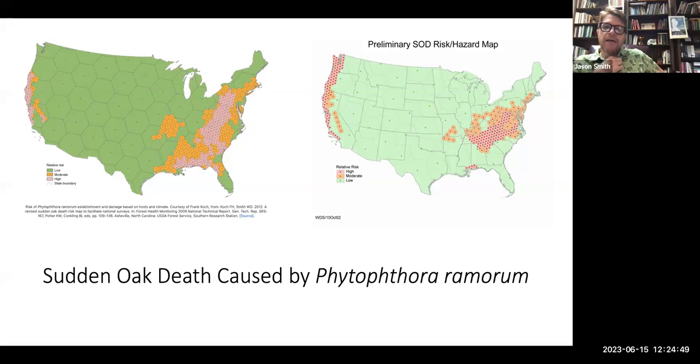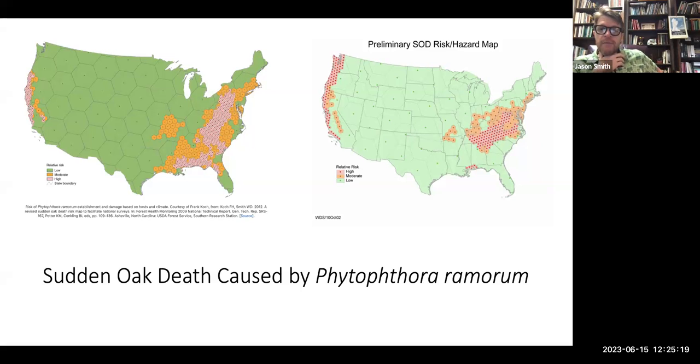What has been found is the pathogen, Phytophthora ramorum, has been accidentally introduced on nursery stock numerous times outside of California. It's been shipped on camellias and other hosts. And there have been a number of these introduction events on nursery stock that led to a big national survey and honestly millions and millions of dollars to try to look at the potential impact of this.